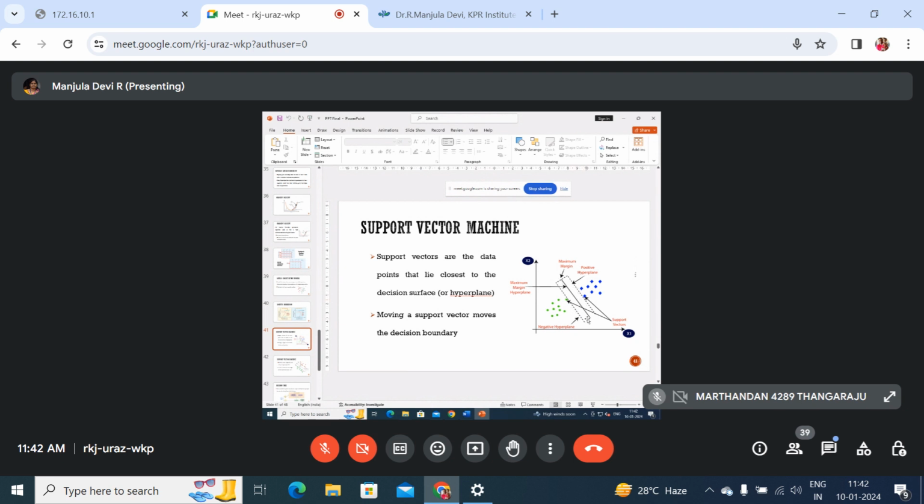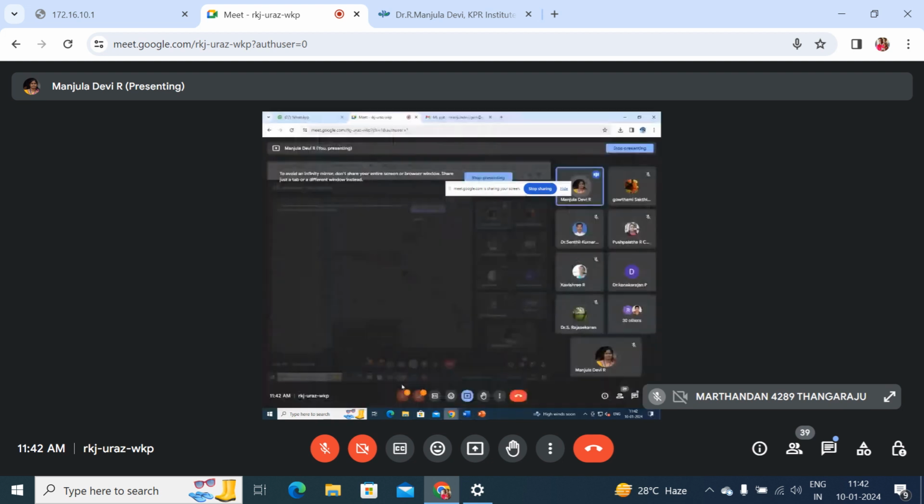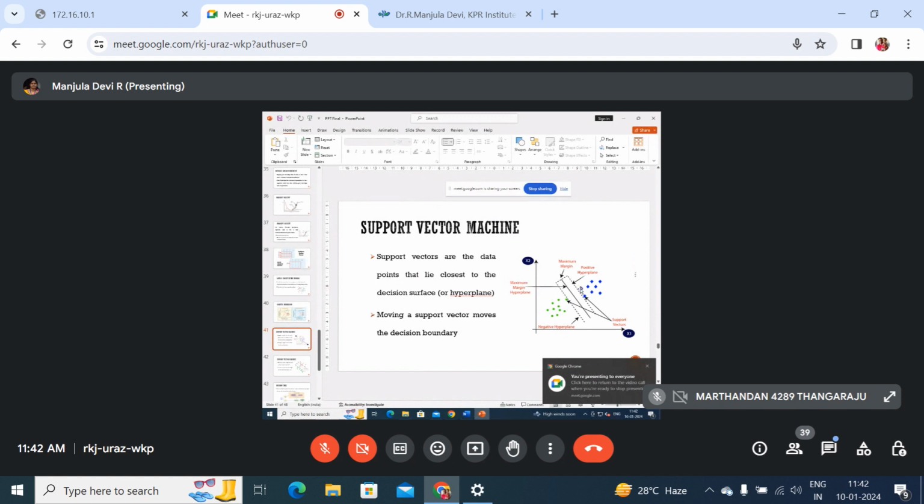Okay, so this is my decision boundary, and this is my negative hyperplane, and this is my positive hyperplane. The margin between the positive hyperplane and the negative hyperplane should be higher.